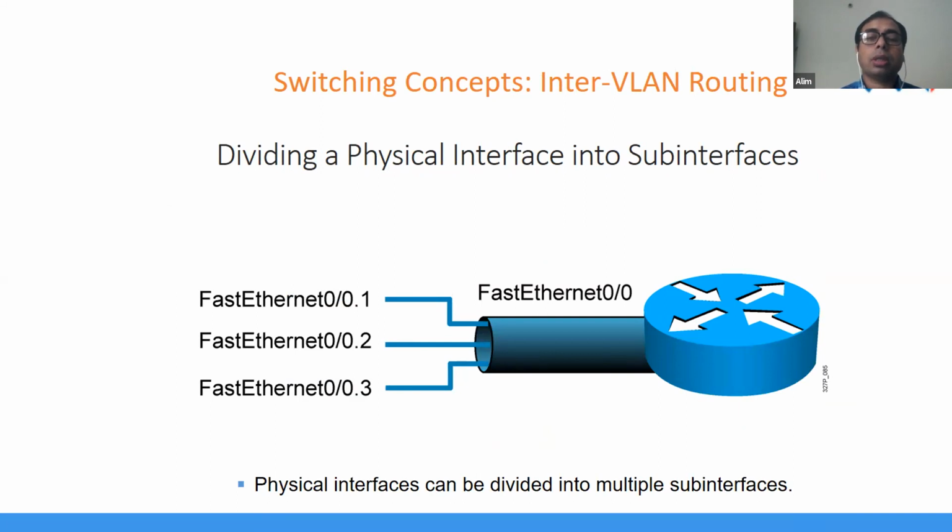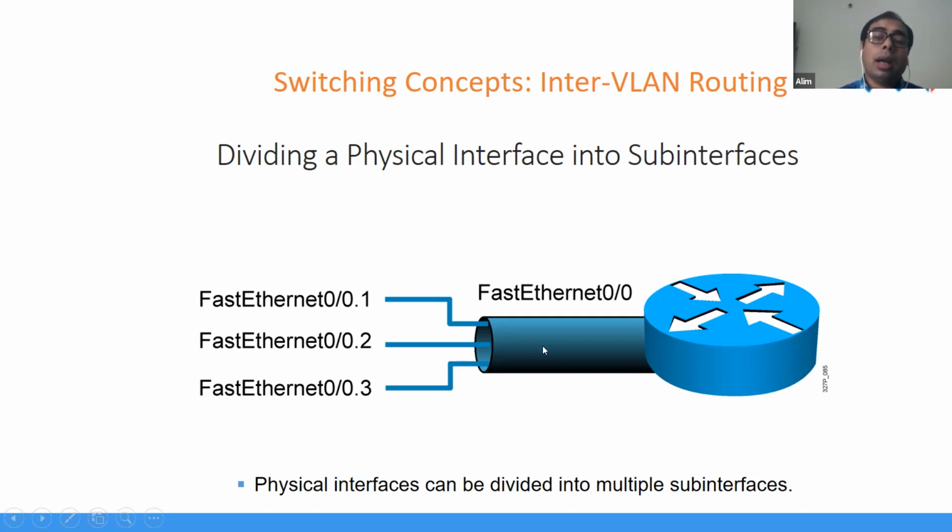Actually, they are isolated. If you want to make communication between computers or systems between two VLANs, then you have to install a router.